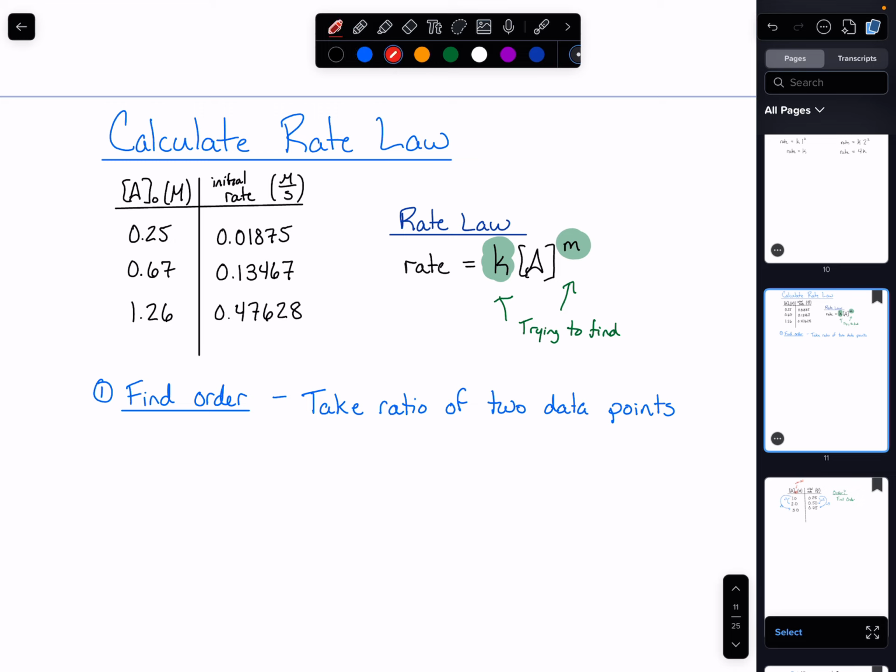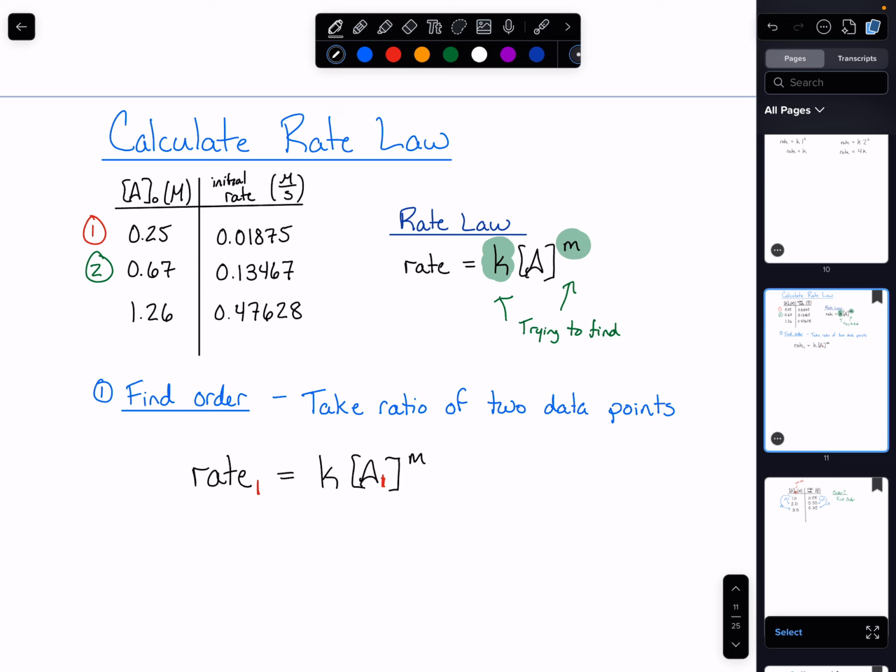So I'm going to label these. This first one's going to be data point 1. This second one's going to be data point 2. All right, I know for that first data point, my rate law, that the rate at data point 1 is equal to that constant K times the concentration of A at data point 1 raised to that power of M. So far, so good?